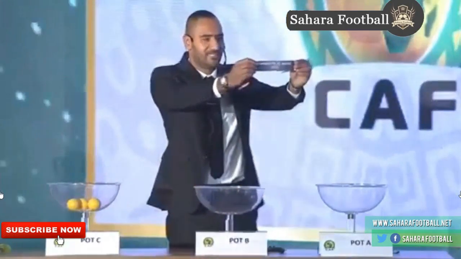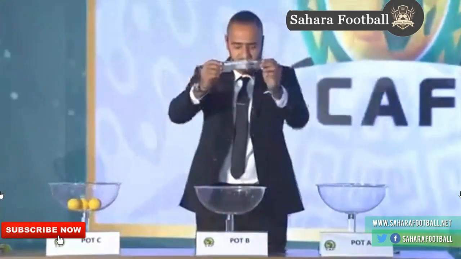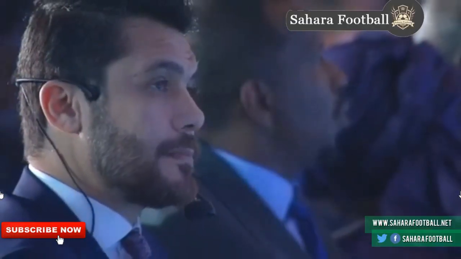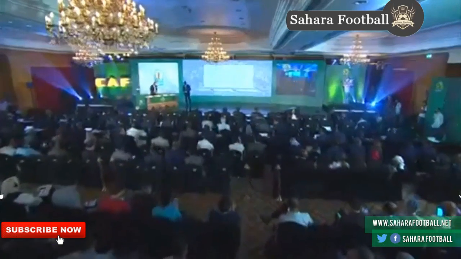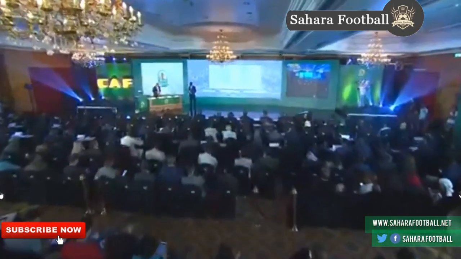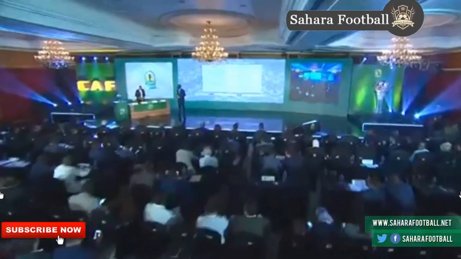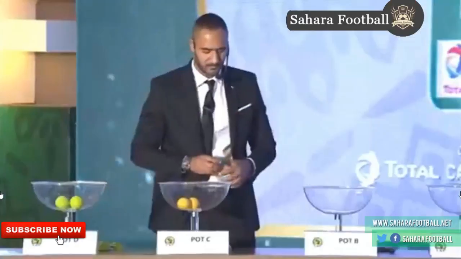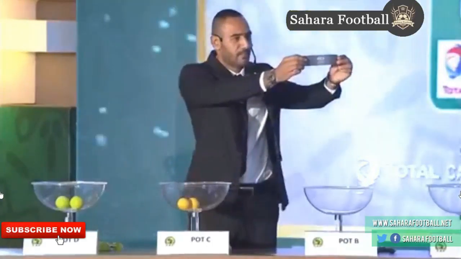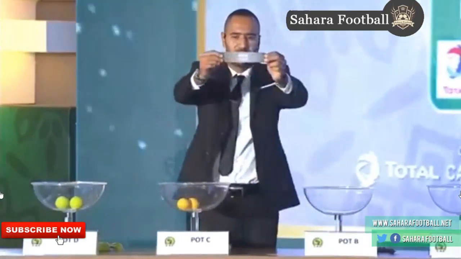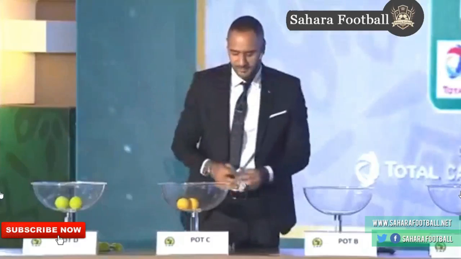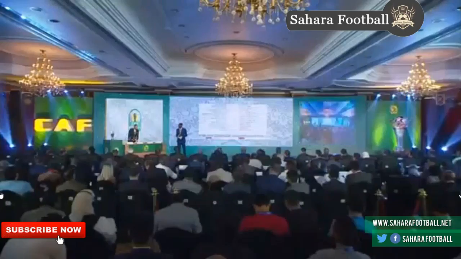Rangers FC of Enugu from Nigeria, the last seeded team from the Confederation Cup. Sekhukhune from Togo will be playing Rangers FC. They will be hoping to reach the group stage of the Confederation Cup for the very first time.